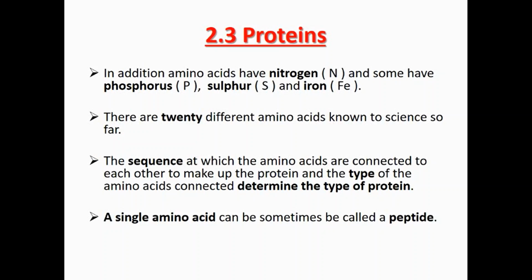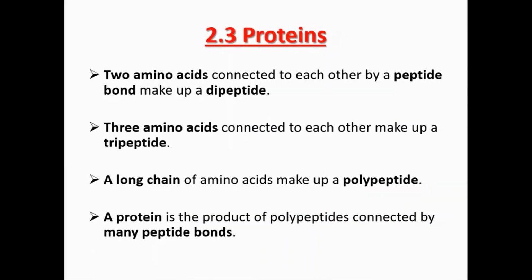What is important here is you have amino acids, and the sequence at which they are connected would determine the type of protein. And the type of amino acids that are connected would determine the type of protein. This is why we have 20 amino acids but lots and lots of proteins.